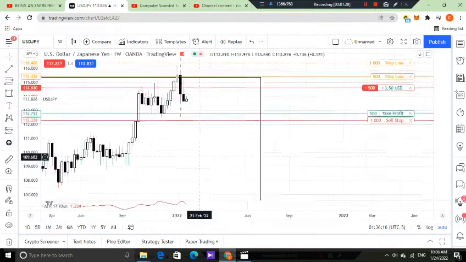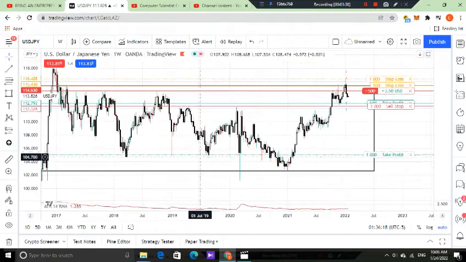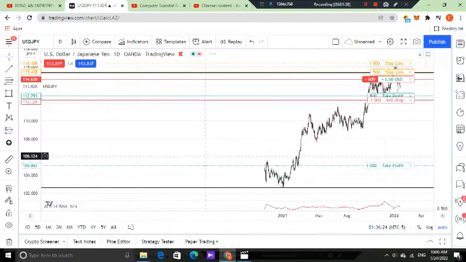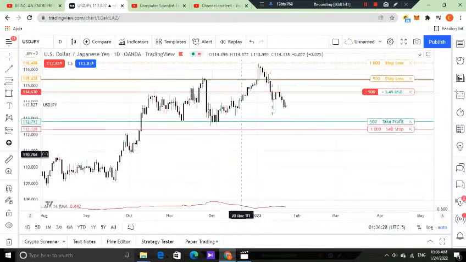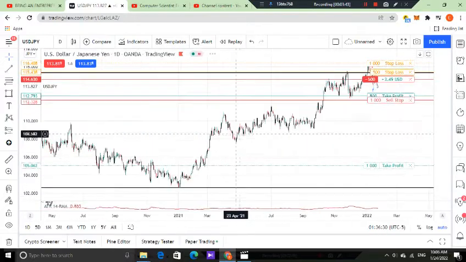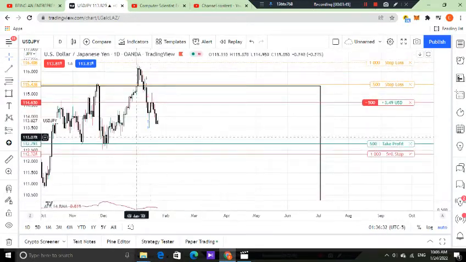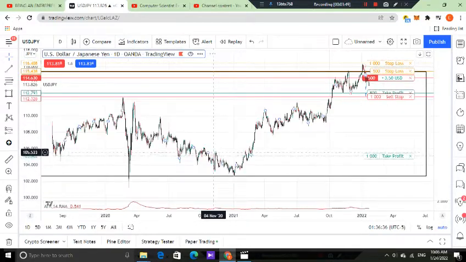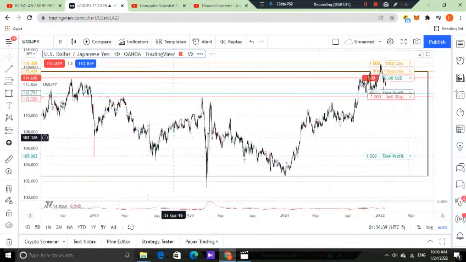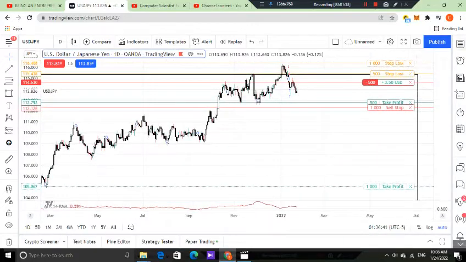And if you look at the daily time frame, what do you have here? It's kind of a trading range we have here, or okay, it's not a good example.